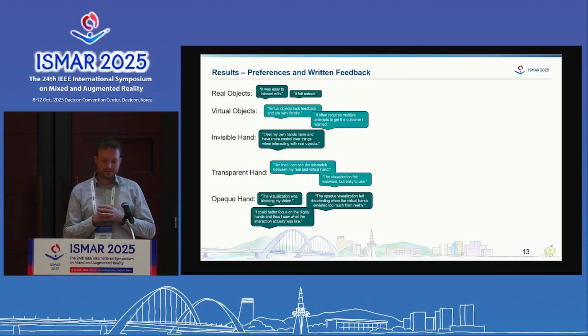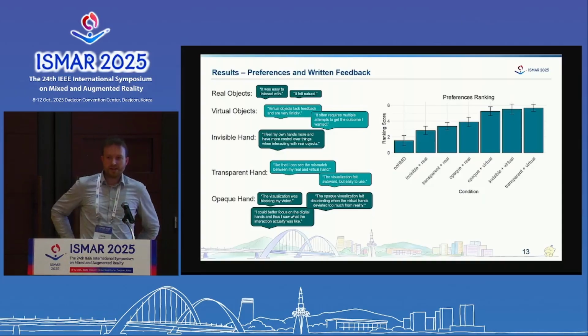They felt it was awkward to use, but still easy to use. And for the opaque hand, as I already mentioned, the visualization was blocking their vision, but for handling virtual objects, they could better focus on the digital hands and therefore the interaction was easier.